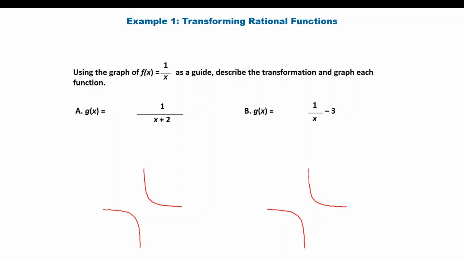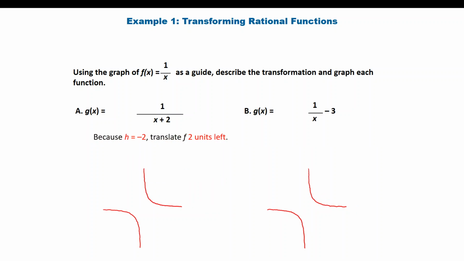Okay, our first example is transforming rational functions. I know that's your favorite thing to do. We're going to take the graph of f of x equals 1 over x as a guide, and then describe the transformations and graph each function. Looking at a, it says g of x is 1 over x plus 2. Notice we have this 2 snuggled up right here with our x.